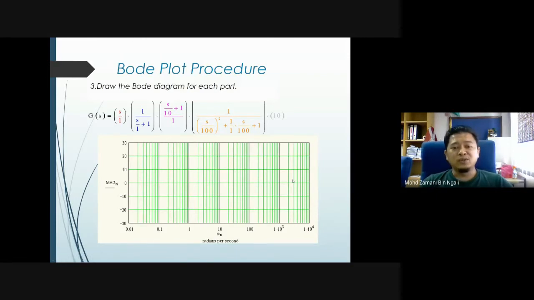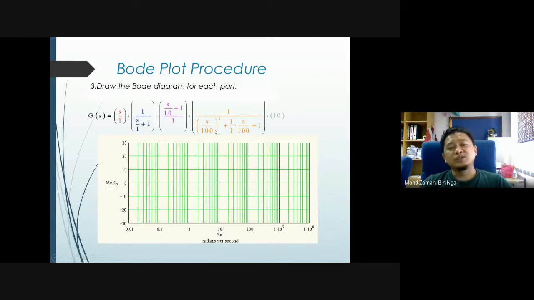Okay, so how to draw? We go for the first one. We can see that S is at the top side, and S over 10 is at the top side, and 10 is at the top side, the numerator. The denominator just now we have S over 1, and also this one, S over 100 squared.